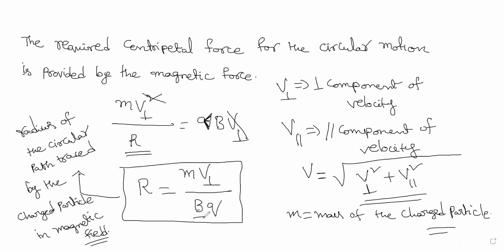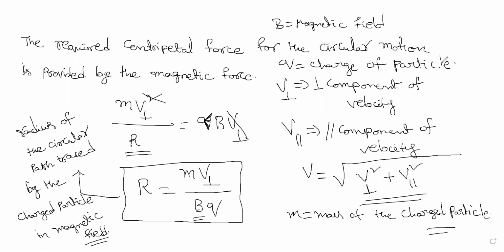And you know what is B? B is the magnetic field strength. And then q is the charge of the particle. We have given everything. So that is R. R is the expression for the radius of the circular path traced by the charged particle when the magnetic field is applied.